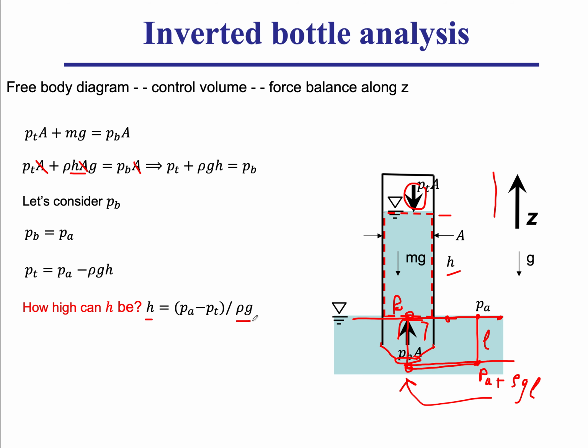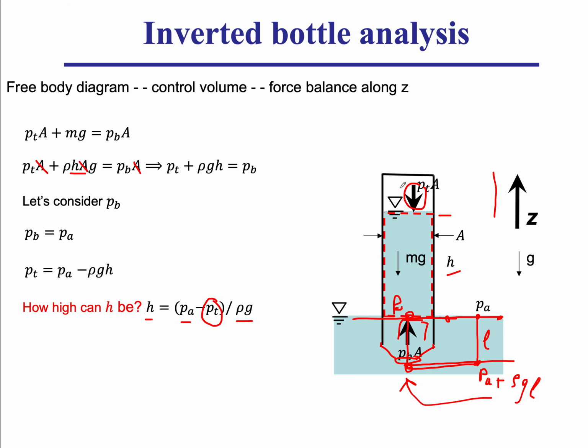Let's see. Rho g is a constant. The P atmosphere is sort of given. We live on the surface of the earth, and that decides it. So it's around 100 kilopascal. So how high I can get, the maximum H, is decided by this top pressure. And what is in this gas pocket here at the top? Well, there's gas. And what is the absolute minimum pressure I can get my gas to?